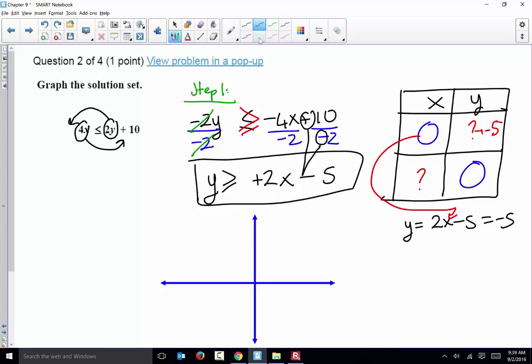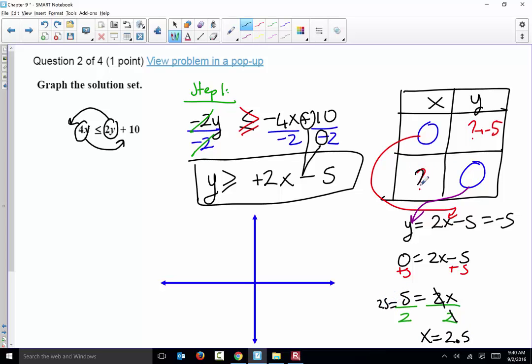Now once you choose 0 for y, I will get, add 5 to both sides and divide both sides by 2, and voila, x is 2.5, right? 5 over 2 is 2.5, correct?